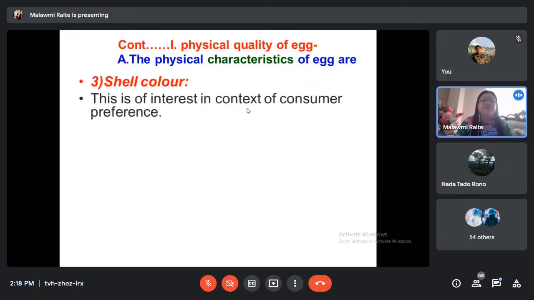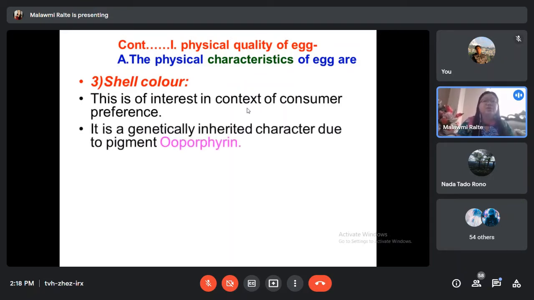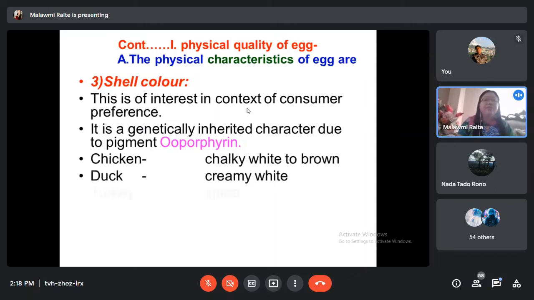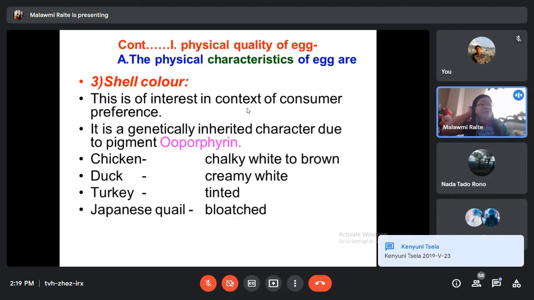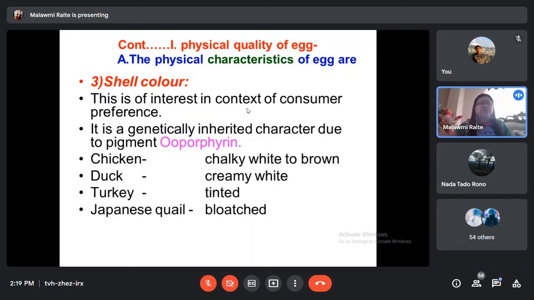Then the shell color. This is of interest in context to consumer preferences. It is a genetically inherited character due to the pigment porphyrin. As you have seen, chicken is chalky white to brown and dark creamy white, turkey tinted, Japanese quail square blotch, and this color of the egg really affects the consumer's preference, because here in Mizoram state also the brown egg is expected to be more nutritious, but it is not.